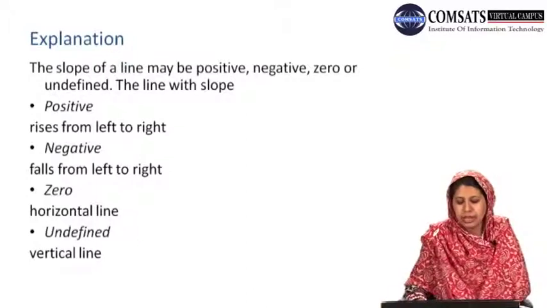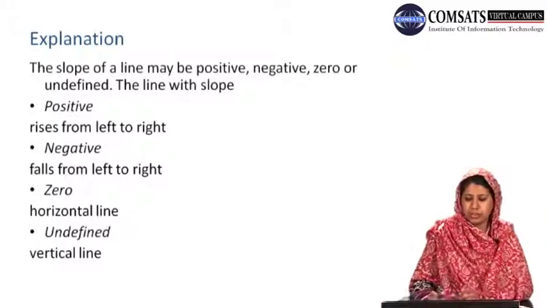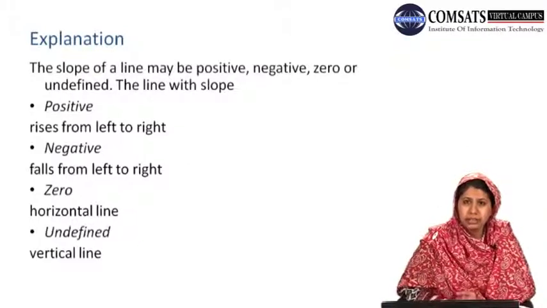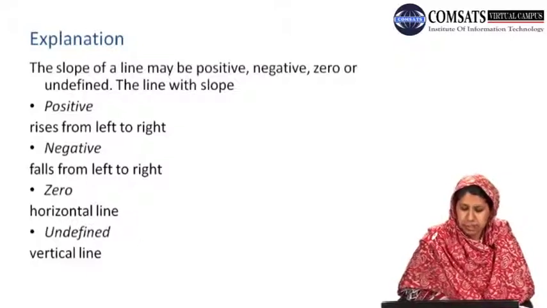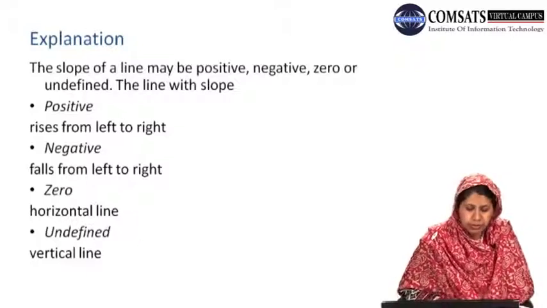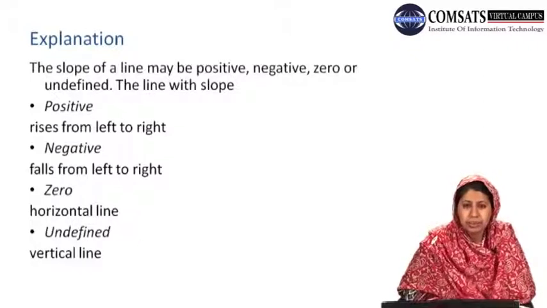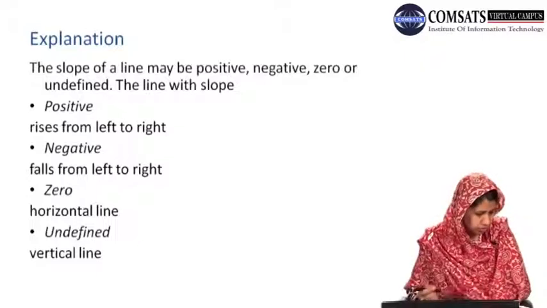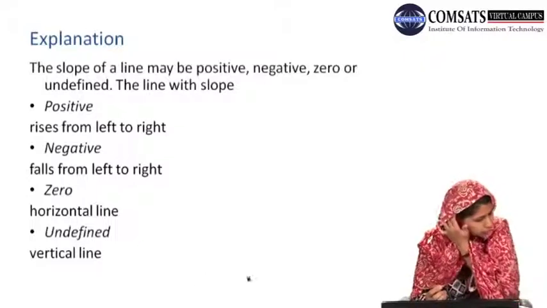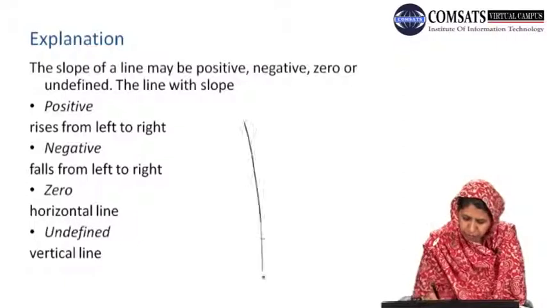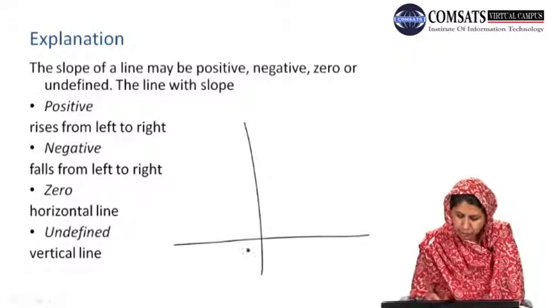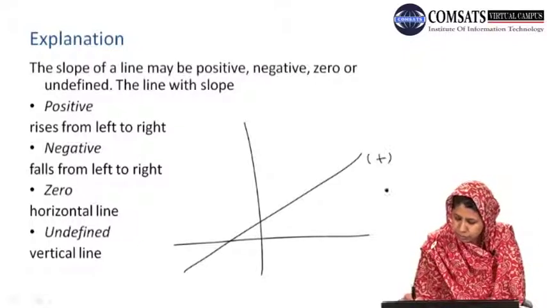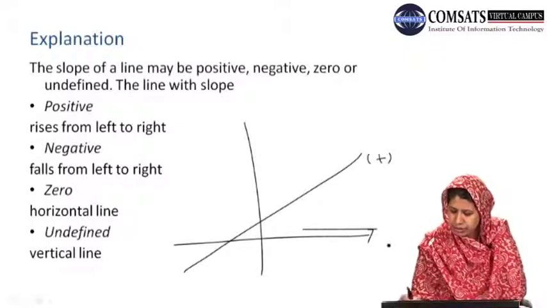The slope of a line may be positive, negative, zero, or undefined. If we are given a line, then the slope may have four possibilities. If the slope is positive, this means that the line rises from left to right, something like this, with positive slope on our x and y axis.